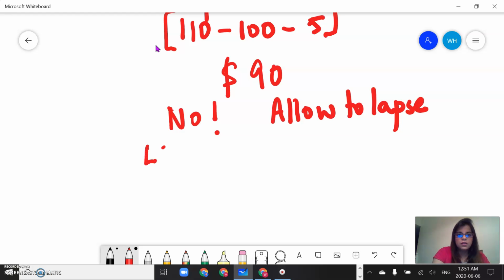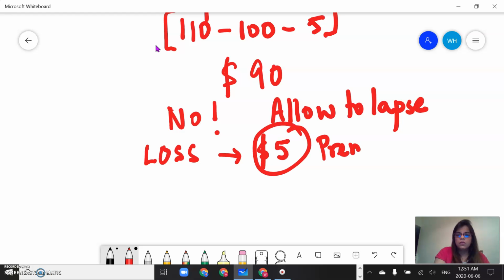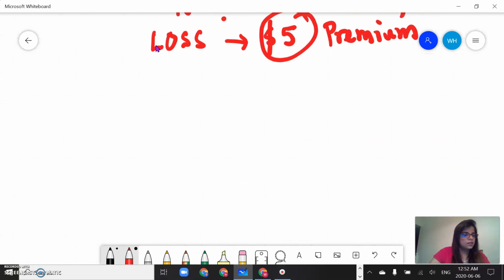So at this point, A has a loss of $5, which is essentially the premium which he paid to secure the option. Let's plot the whole thing graphically to understand this a little more.